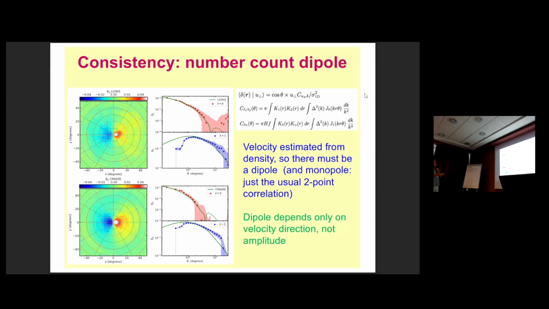And of course, you know very well for the BOSS survey what the two-point function should be, and that's measured fine. But the new statistic is the dipole. And again, of course, that comes out as it should. So we're in a position to use this sort of information and apply it to the microwave background.